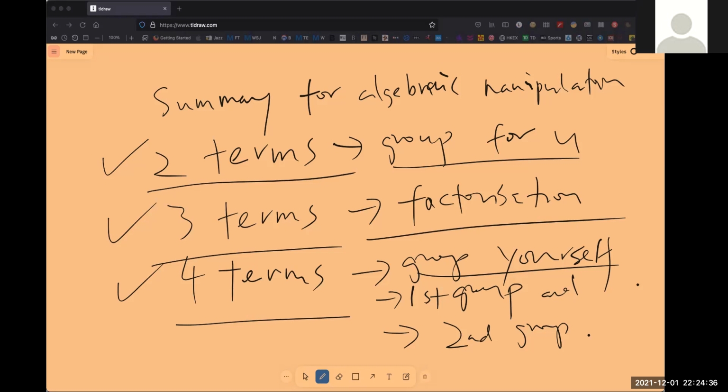Okay, another question, 10, sketch. Sketch is also a very common question in Sec 3. So this is y equals 6x minus x squared.